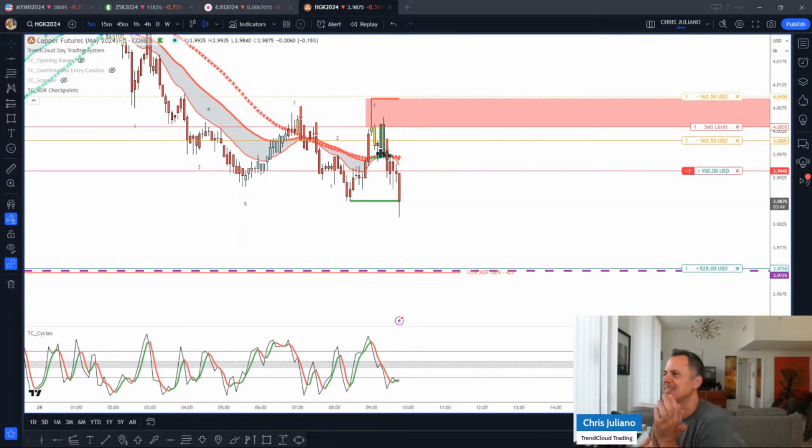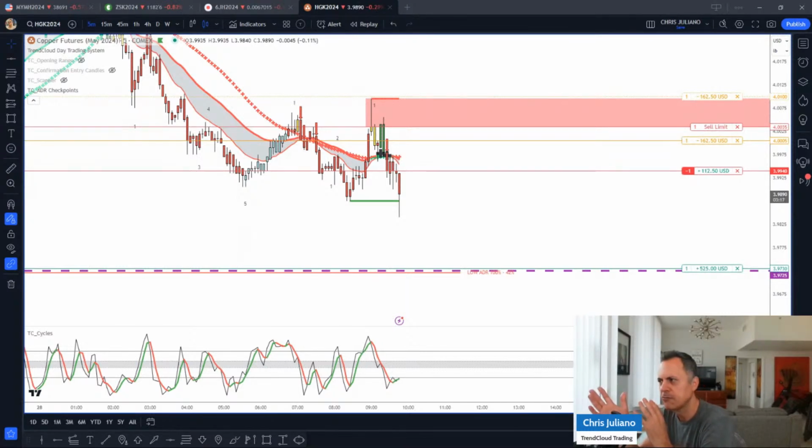A momentum-based trading system will allow you to capture moves like that. Now, I want everybody to know what we did here. We started off on the 4-hour, 1-hour, 15-minute chart. We didn't see what we wanted to see, but we saw that this was definitely starting to move down.